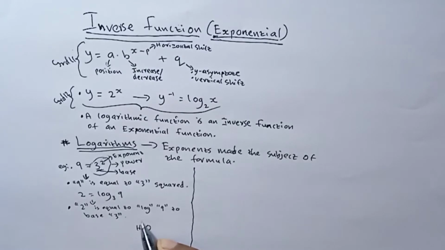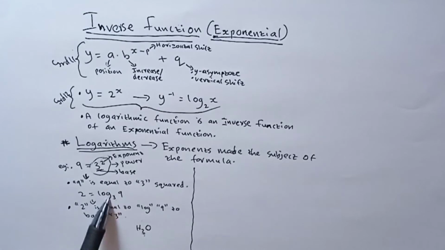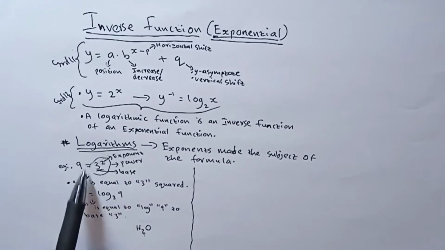It's not an exponent, it's not at the top, it's at the bottom, it's a subscript. So this subscript here is basically the base. What was the base in the original equation where the exponent was an exponent? On your logarithm, the base will still be the base, and 9 will be from the subject of the formula.